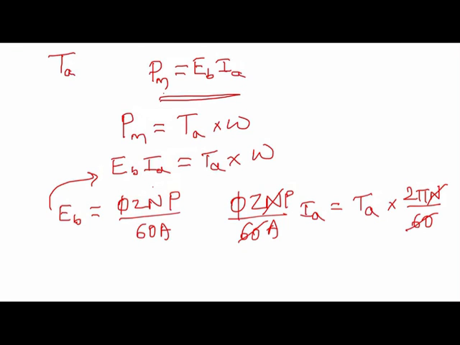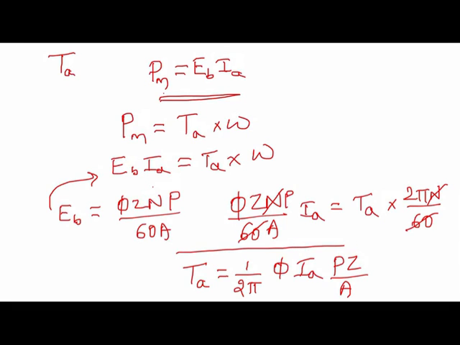So the torque developed in the armature, TA, is equal to 1 by 2 pi, taking the 2 pi to the other side, into phi, IA, and PZ divided by A. This is the equation of the torque developed in the armature of the DC motor.